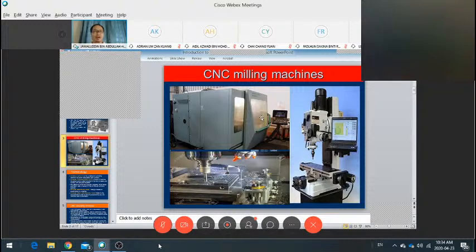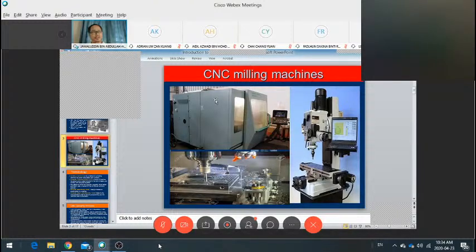Or if you want to buy a CNC machine, the supplier will tell you, okay, this one has four axis or three plus two. So what do all those mean? I will go through those later on, because you need to understand what people are referring to when they talk about it.